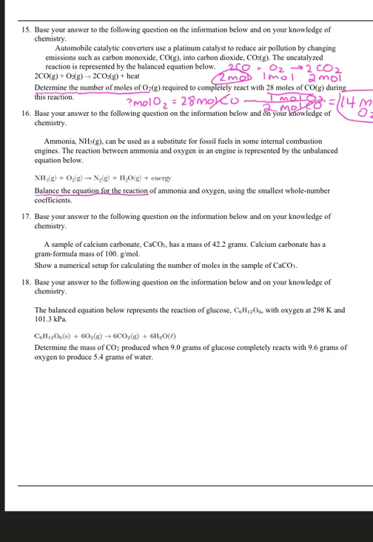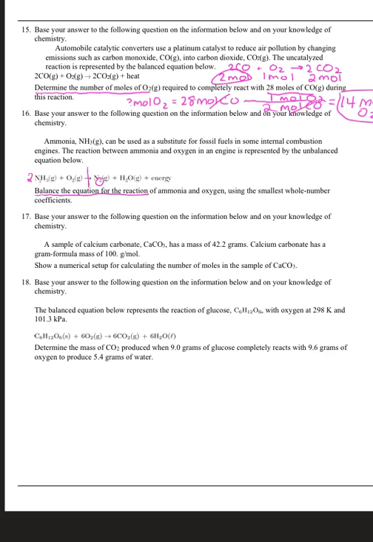I like to just move back and forth between the different sides of the equation, the reactants and the products, and keep checking it until I have what it is I need. So I could see right away that I'm not balanced. I have 2 nitrogens on this side and only 1 nitrogen over here. So right away I'm going to put a coefficient of 2 in front of the NH3 to try to balance out my nitrogens. Now I have 2 nitrogens on the reactant side and 2 nitrogens in the product side.